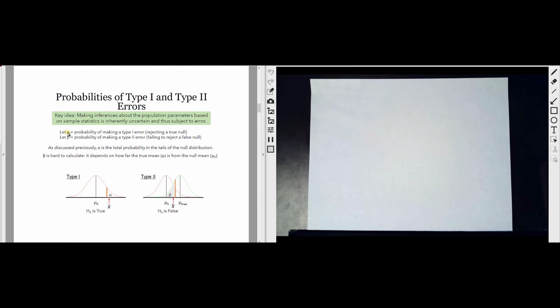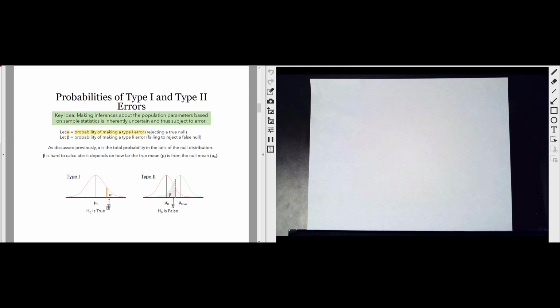So let's have alpha be our probability that we're going to make a type 1 error. Now alpha, that is how we define alpha, basically. Alpha is the probability within the tail of the distribution, and in this case, we are, again, doing a one-sided hypothesis test. Okay, so the area under this part of the curve, the area under the normal distribution above our critical value, is our significance level, whether it's 0.05 or 0.10, sorry, 0.01 or 0.10 or whatever it might be.